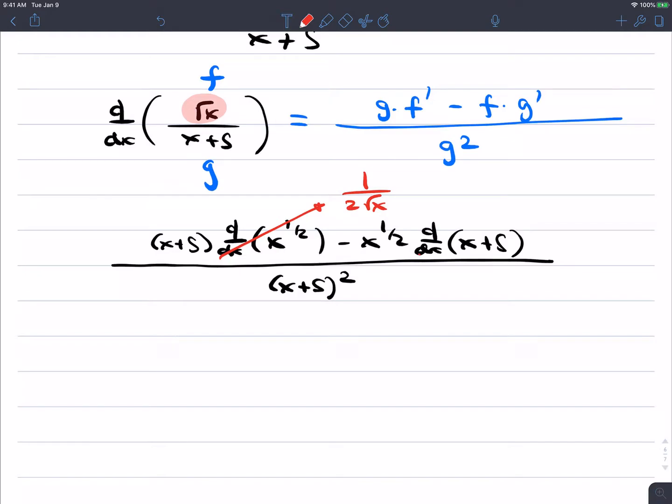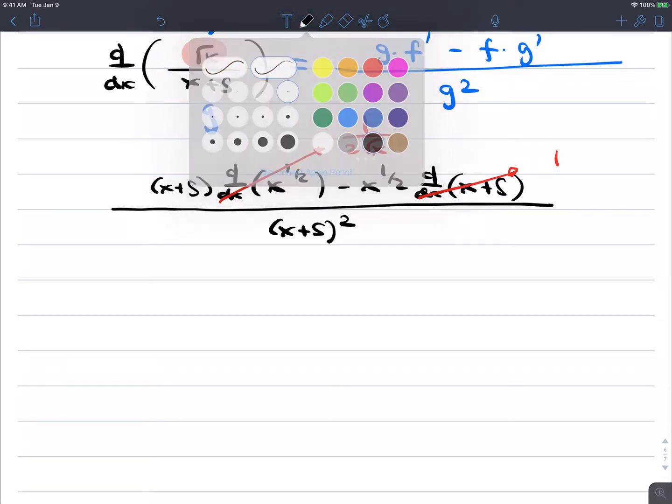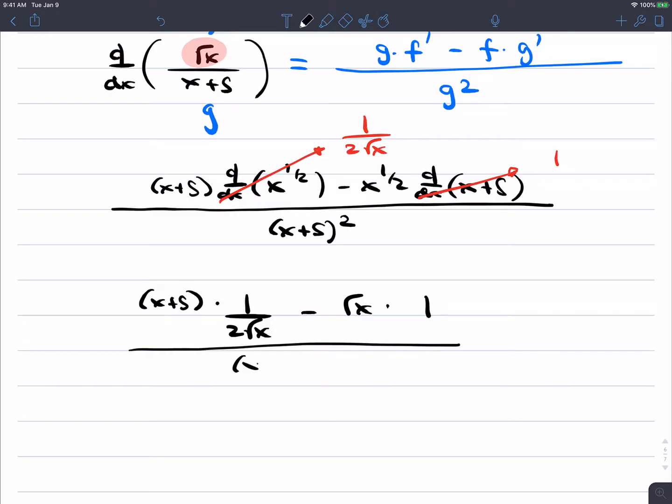Now, derivative of x plus 5, just like you know the derivative of x is 1 and the derivative of a constant is 0, and the derivative of a sum is the sum of derivatives, we know that one too. So the work really comes down to some algebra here, meaning we have x plus 5 here times 1 over 2 square root of x minus square root of x times 1, everything over x plus 5 squared.